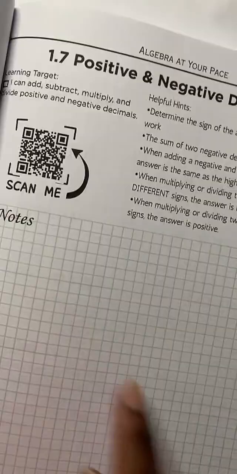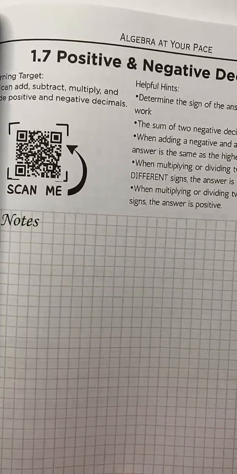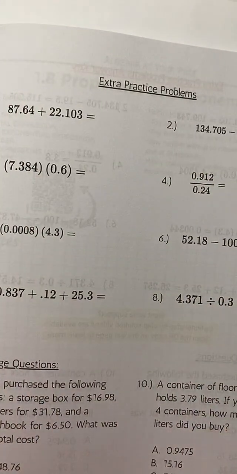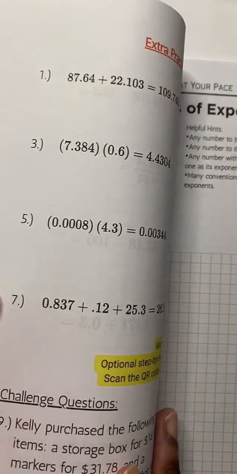It has instructions, a space for you to write your notes, and a space for your practice problems. You can work on one side, and the opposite side is your answer key, so you don't have to go all the way to page 68 to get your answer.